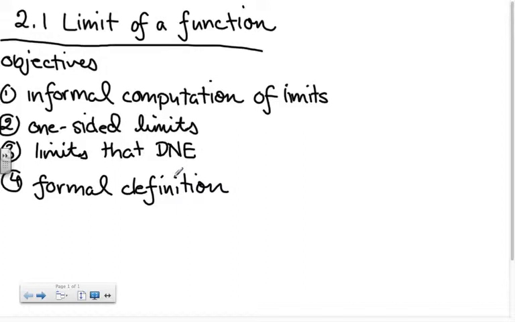So, first of all, we want to get an idea of what in the world a limit is. So, we're familiar with this wonderful sign that you can see. And now you're about to see the greatest piece of artwork since Van Gogh.